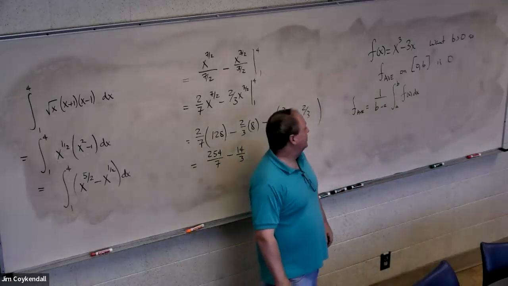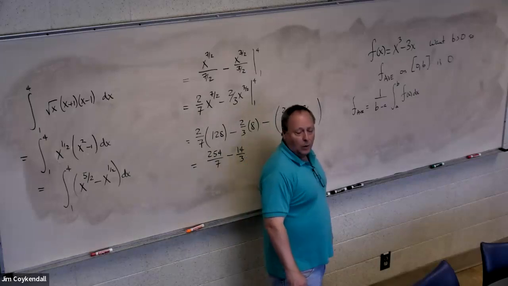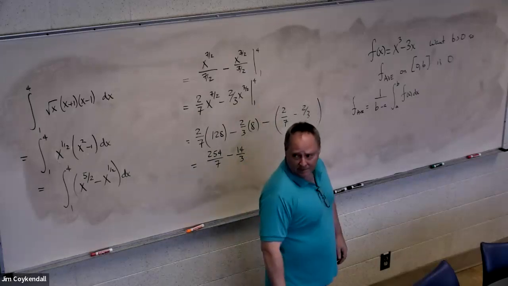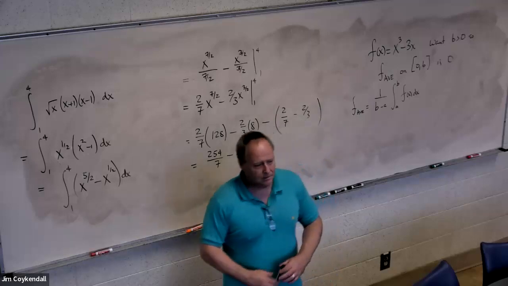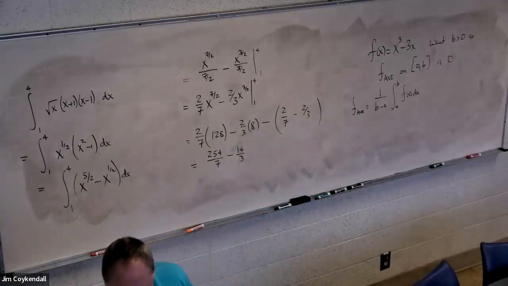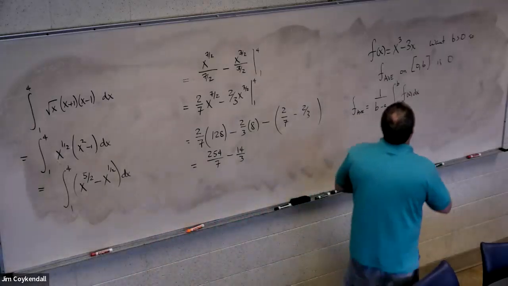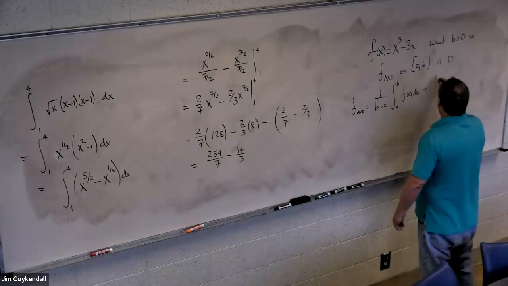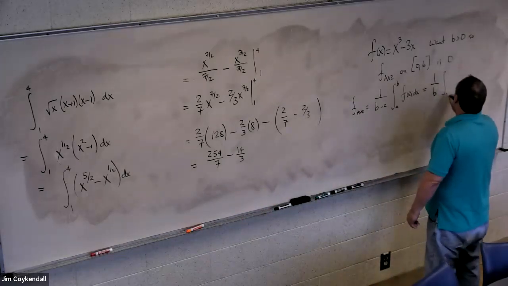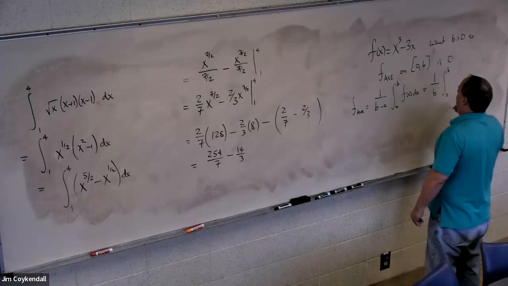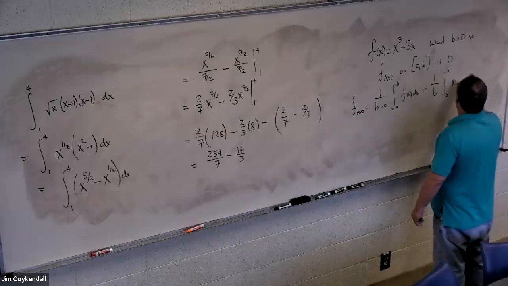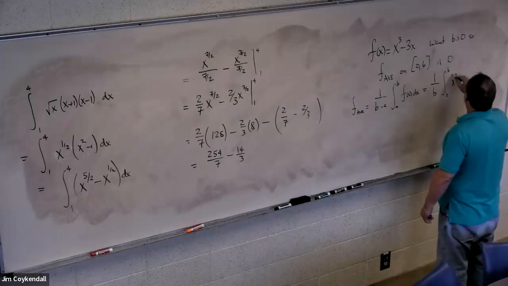Now, in this case, B is B, and what is A? A is 0 in this specific case here. That is correct. So adapted to our case, 1 over B, integral from 0 to B, and my function is x cubed minus 3x.